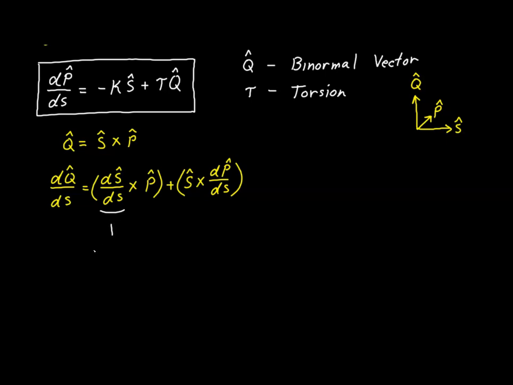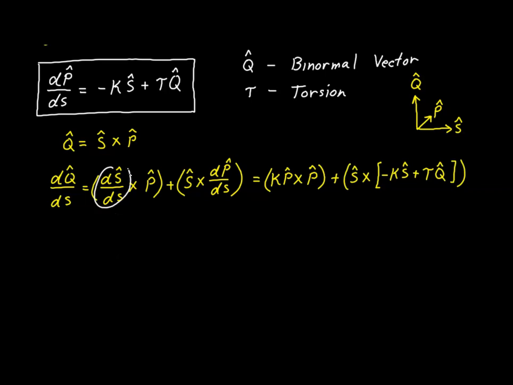In other words, this is equal to kappa times p hat. And we also want to replace this expression with this one up here. Okay, so what I've done is to replace this term with this one, and I've replaced this term with this expression.